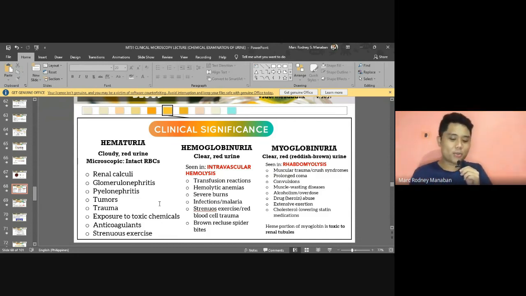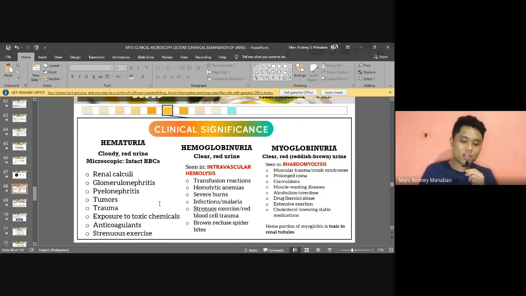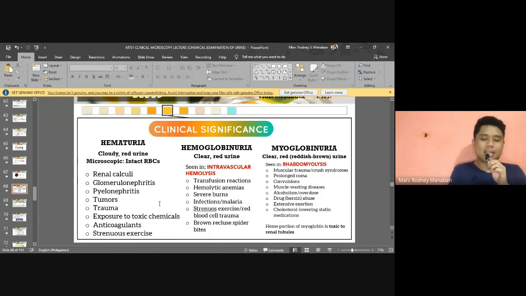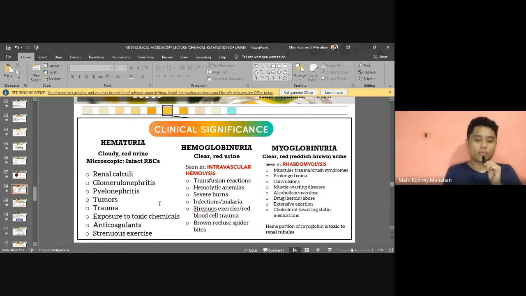Okay. Next, of course, glomerulonephritis, pyelonephritis, and trauma to your kidneys. You have tumors, trauma, exposure to toxic chemicals, anticoagulants, and strenuous exercise. These are all capable of inducing trauma to your kidneys or to your nephron, which can lead to the introduction of RBCs. As you can see, dears, these are all happening in the kidneys.